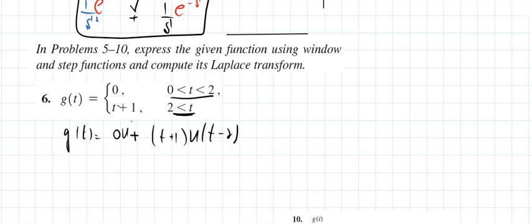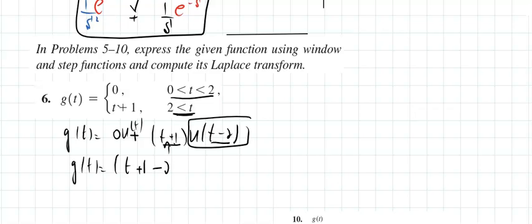You could say this is u of t if you want, but that's 0. So again, I need this to match that. There's no control over this, but I can control this by saying, well, g of t is t plus 1. I want it to be t minus 2 plus 2. So I'm doing this because students normally have a hard time seeing if I skip and just write what's next.